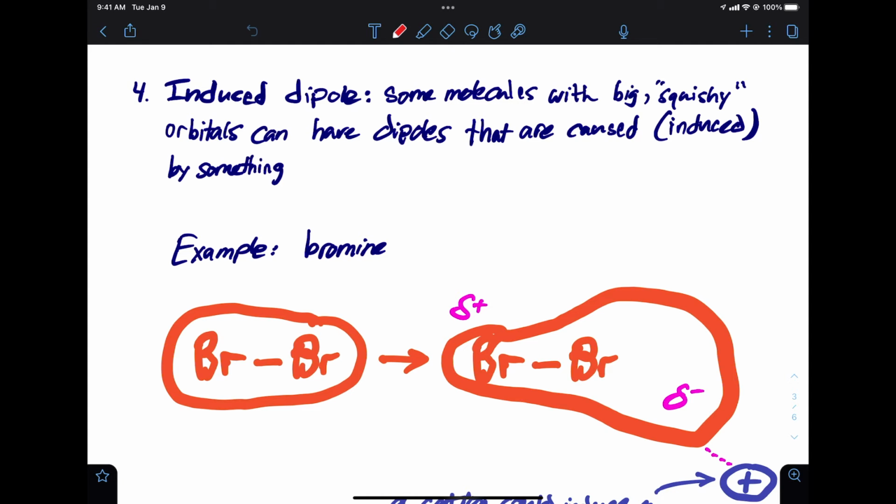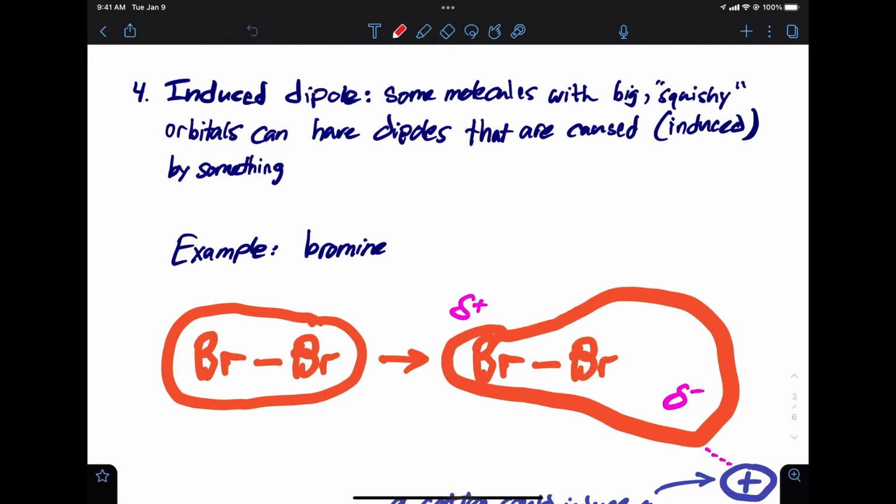These are two large atoms covalently bonded to each other, with equal electronegativities. Of course, they're both bromine, so of course they have the same electronegativity. So there's no inherent asymmetry in these orbitals. And there's lots of electrons in them. They're large orbitals filled with lots of electrons.